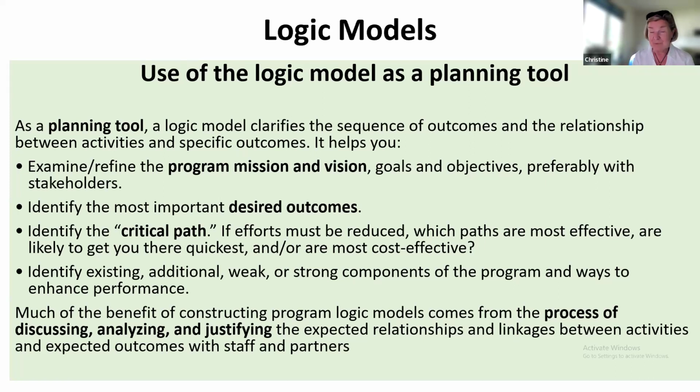In other words, when you put this together and you realize we need a person with a specific expertise and we don't have that person on the team, this is the time to either retailor your project so you don't need that person, or retailor your project so you include somebody who can do the work that has to be done in order to make this logic model, this project, work.